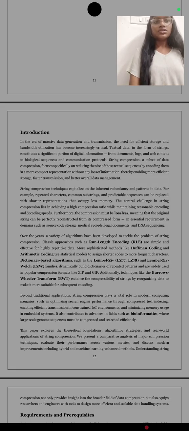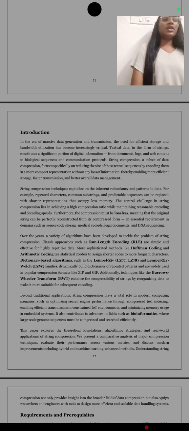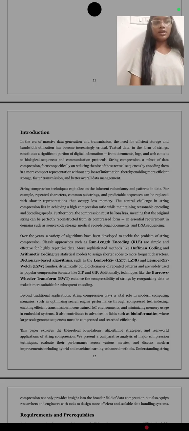management. String compression techniques capitalize on the inherent redundancy and patterns in data. For example, repeated characters, common substrings, and predictable sequences can be replaced with shorter representations that occupy less memory. The central challenge in string compression lies in achieving a high compression ratio while maintaining reasonable encoding and decoding speeds.